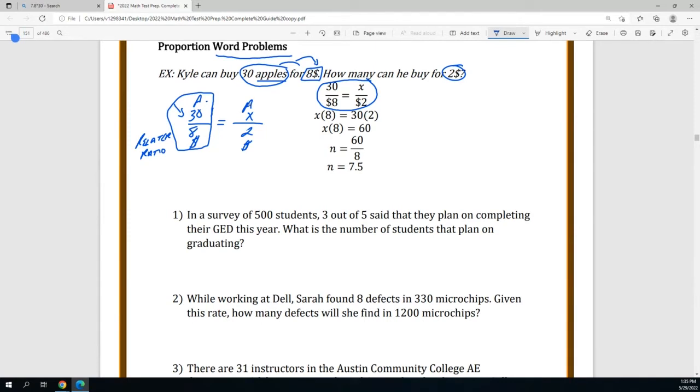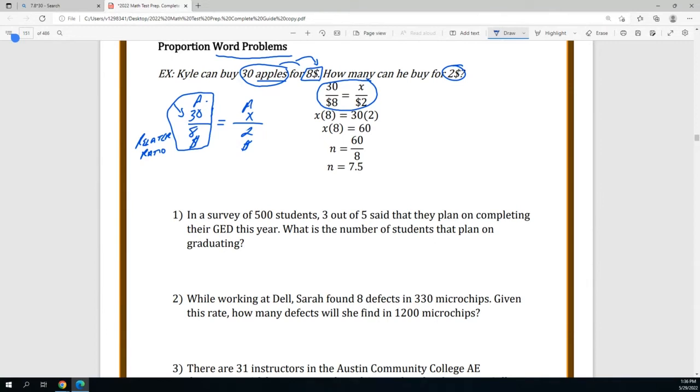This is my first ratio, 30 and 8. So I want to make sure that this left side is the related ratio. This is where I got this information from. I usually tell people, whenever you get this ratio, whatever's first, just put it on top, and then you can just put the second piece on bottom. It makes it easier to fill out.